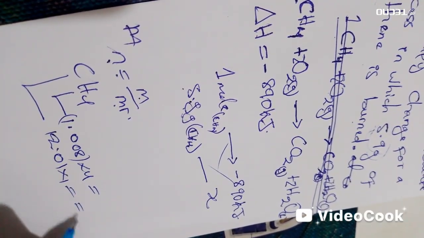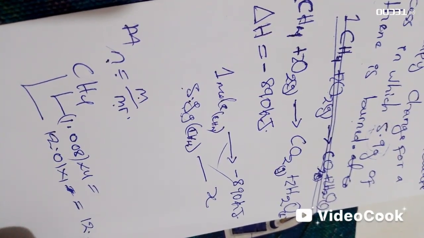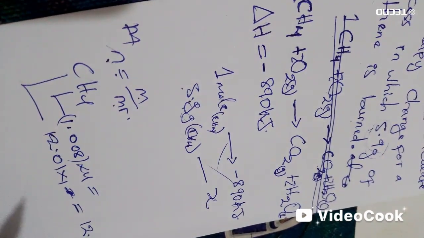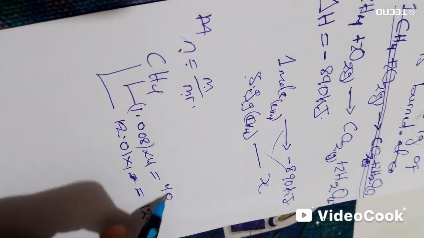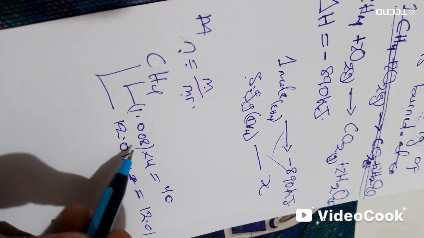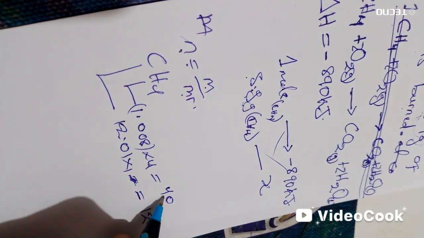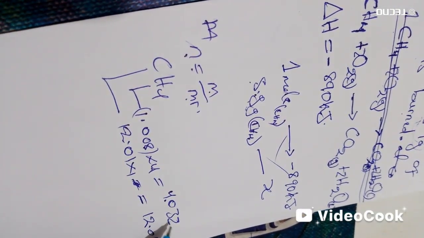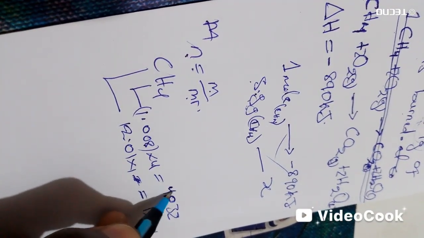So that is just going to be 12.01, and for hydrogen, 4 times 1.008, that should be about 4.03.